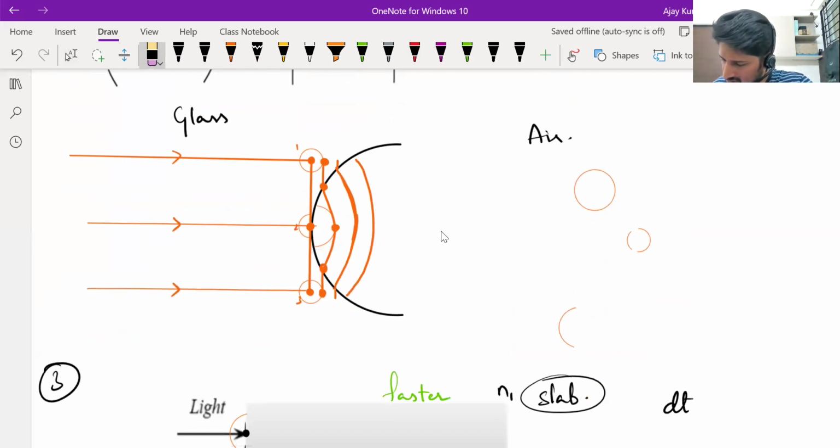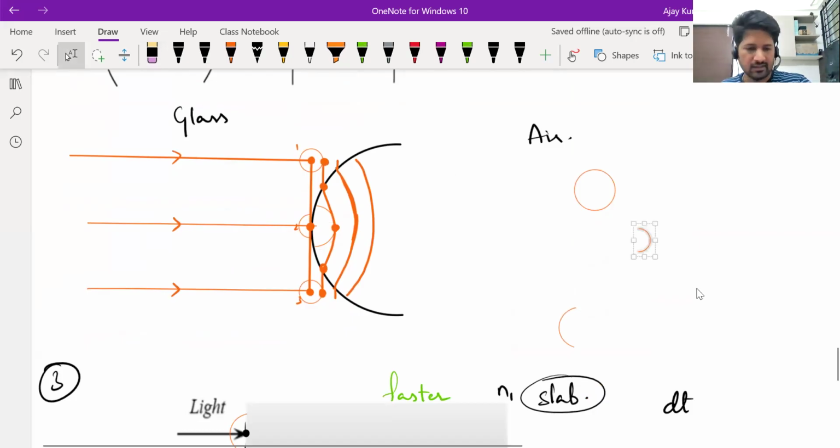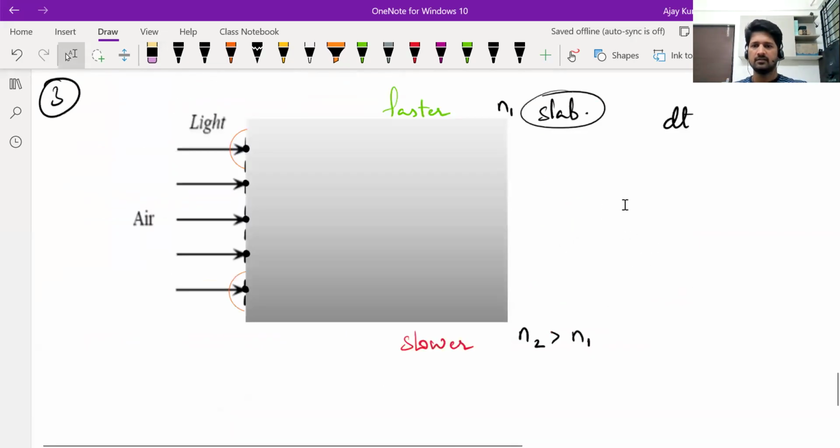the disturbance, once it enters into the slab, it travels different distances from the sources. For the first source, it is close to a region where the refractive index is low, means the speed is high. Speed is high, so the wavelet expands more.